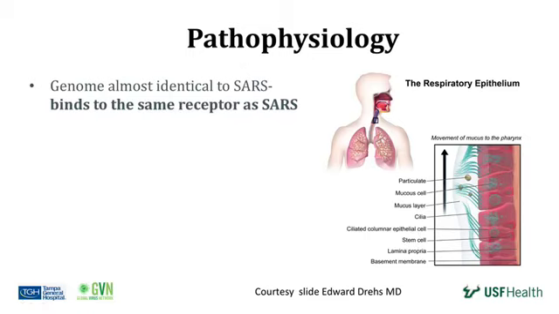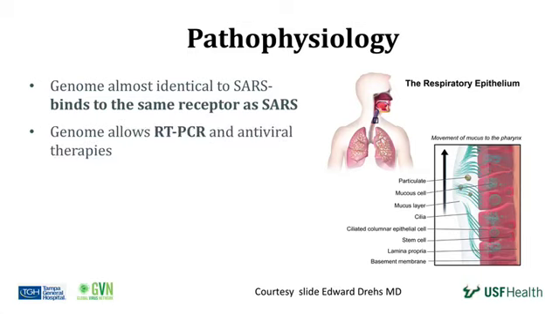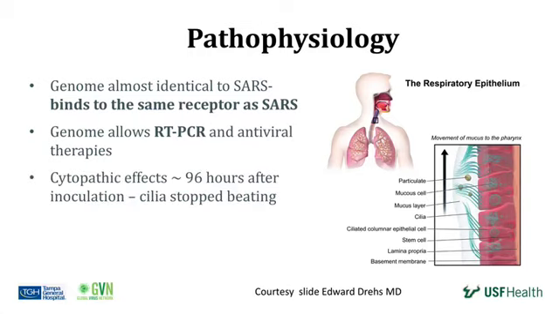The important part to focus on is that the genome of SARS coronavirus 2 is identical, about 75 to 80%, to that of SARS, and binds to the same receptor as SARS. That's the human angiotensin converting enzyme receptor. Knowing the genome allows us to have rapid tests such as reverse transcriptase PCR and targeted antiviral therapies.